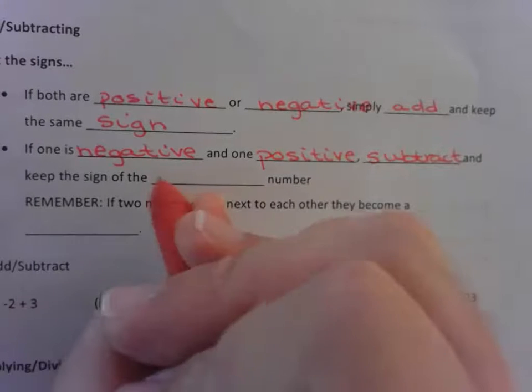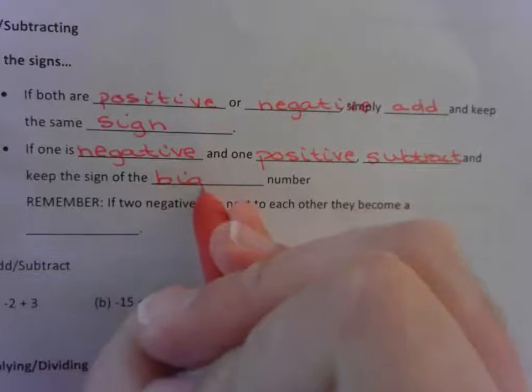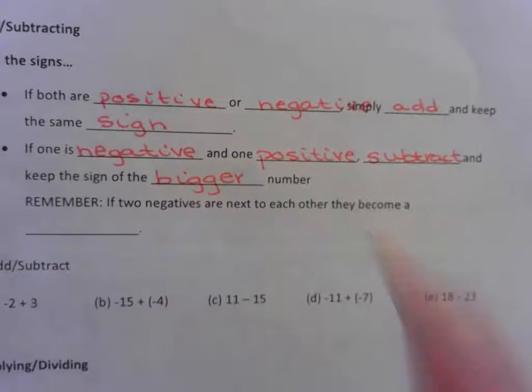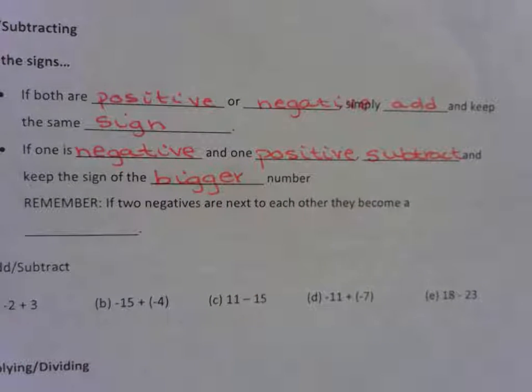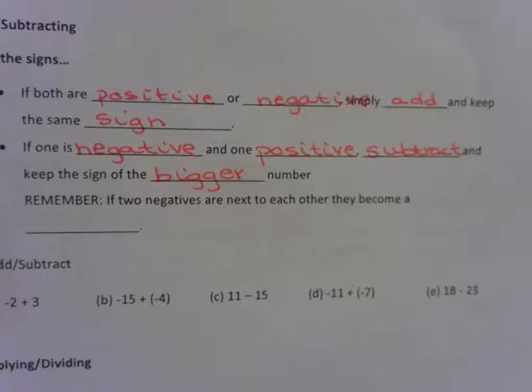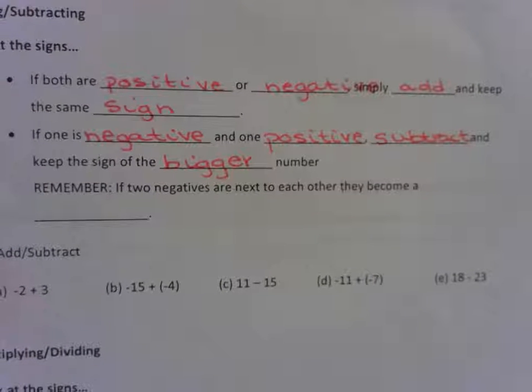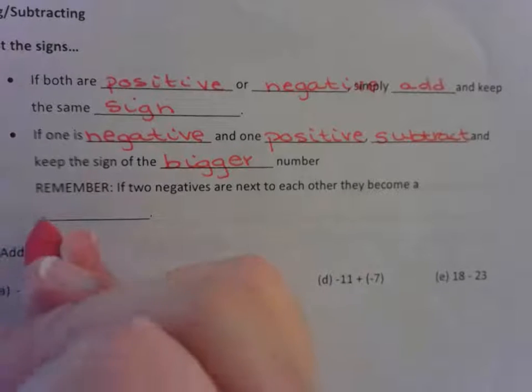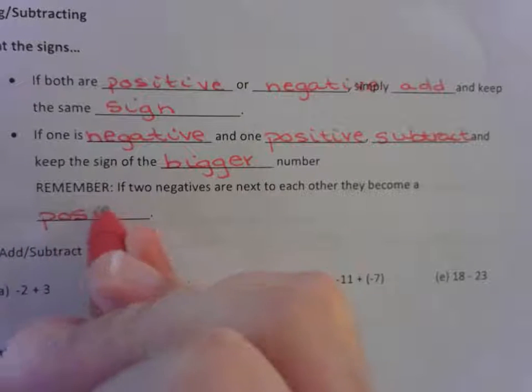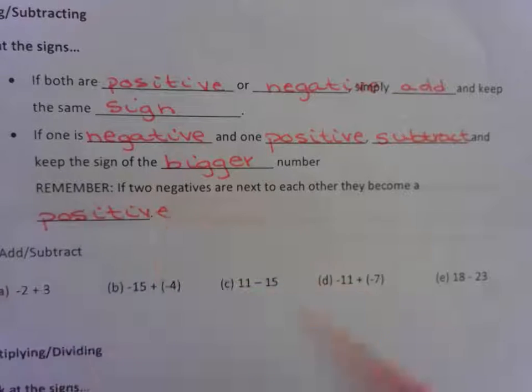Sign of the what? Bigger number. So this is what I'm saying. If you were taught a different way to do this, use however way you were taught. That is fine. I'm not going to be picking and say you have to do it my way. If you have a way that works for you, that's fine. And then remember, if two negatives are next to each other, they become a positive. Okay?